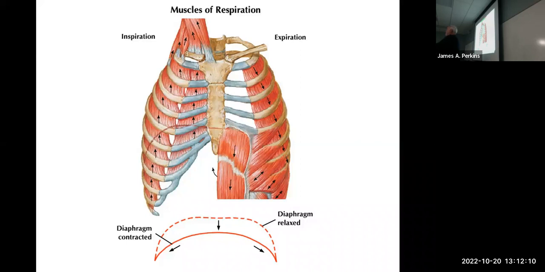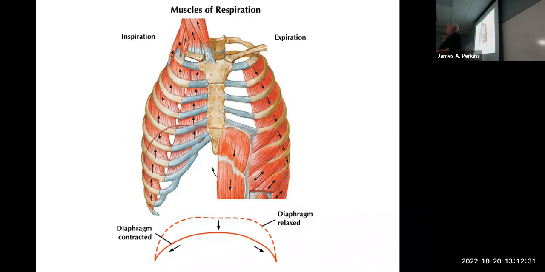Especially like someone who's had an injury of their cervical spine, up around level C1 or C2, an injury to the spinal cord at C1 or C2. You remember me mentioning that the phrenic nerve is the nerve that innervates the diaphragm. The phrenic nerve comes from C3, C4, and C5.